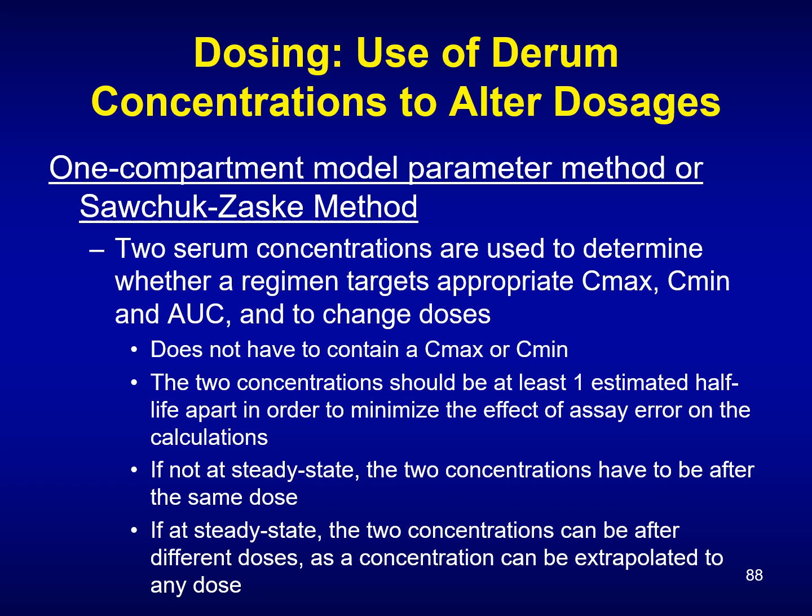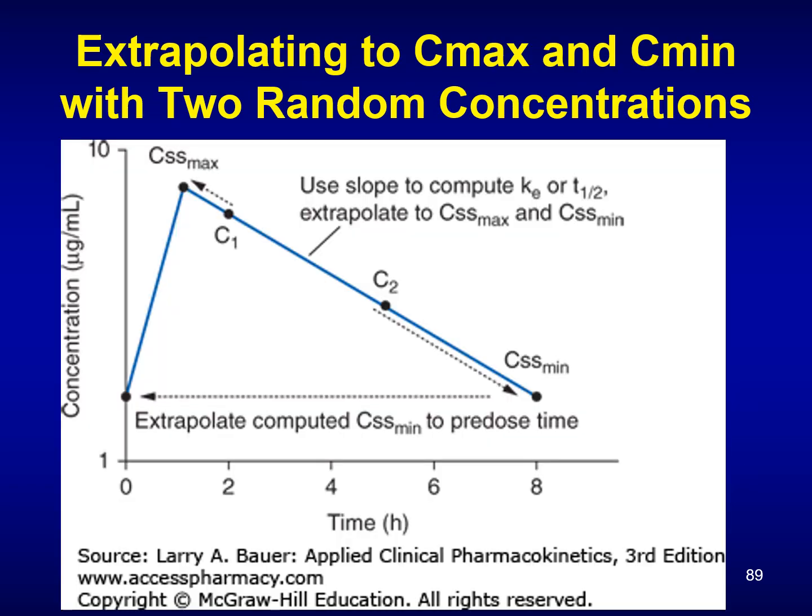If the levels are not obtained at steady state, then they have to be after the same dose. If at steady state, the 2 concentrations can be after different doses, because the concentration can always be extrapolated to any dose. So this method uses any 2 concentrations on the same line to extrapolate to Cmax and Cminimum.